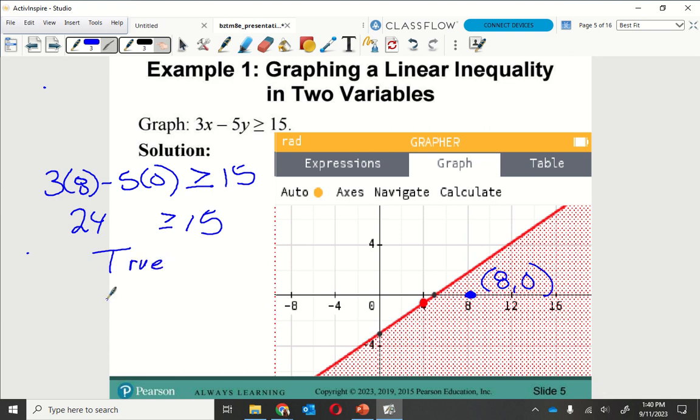But your question is, is 15 greater than 15? Is it greater than 15? It's not. Or equal to. Is 15 greater than or equal to 15? So this is also true.